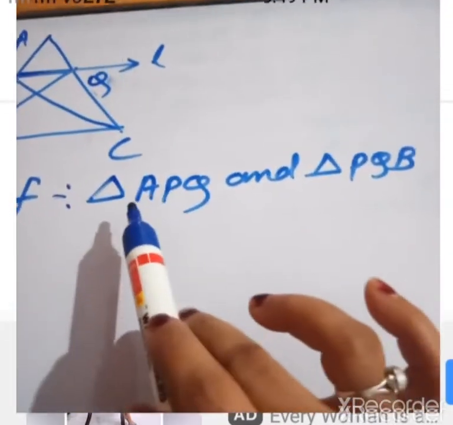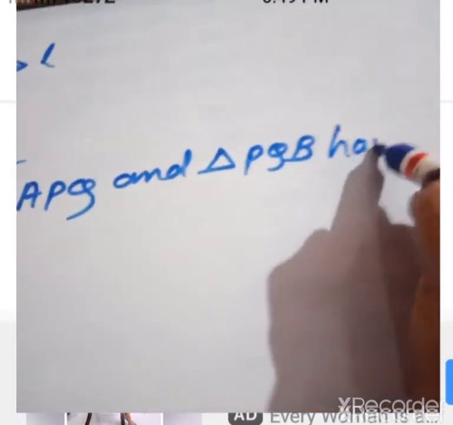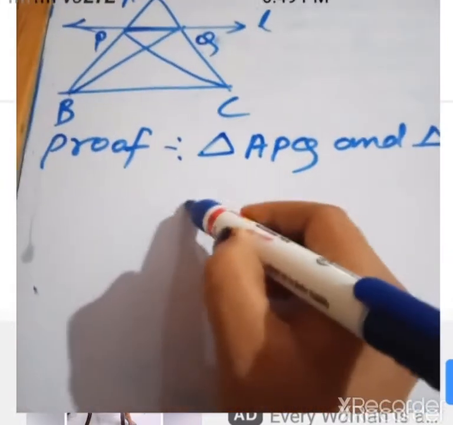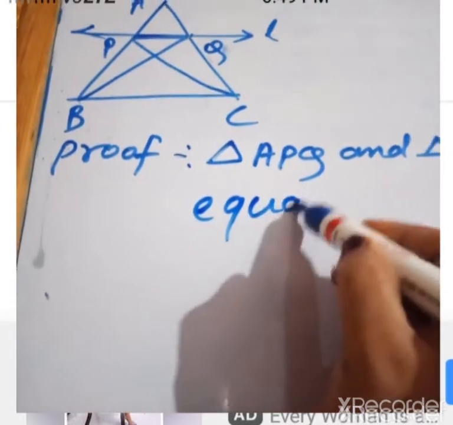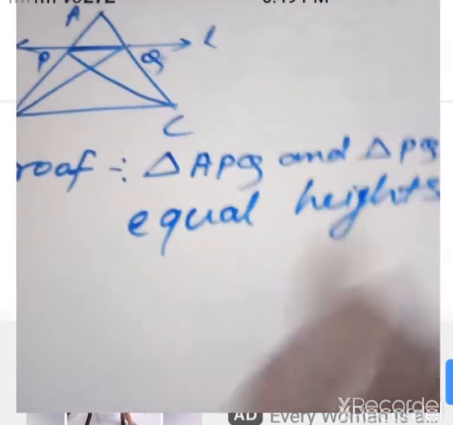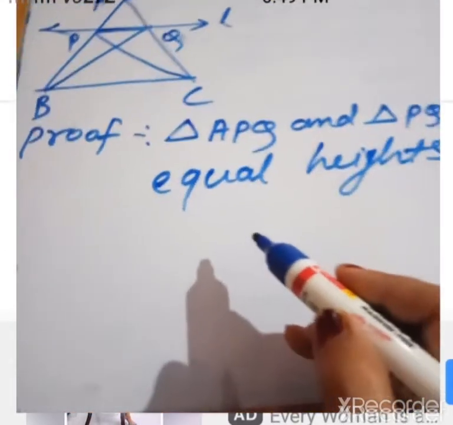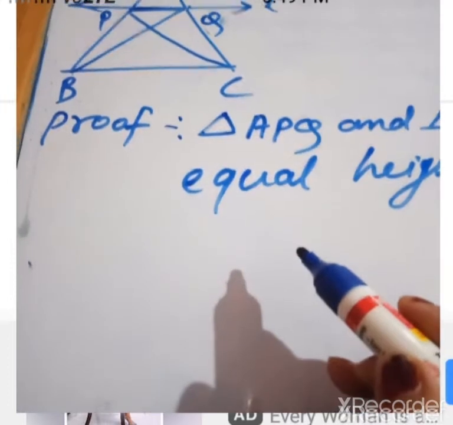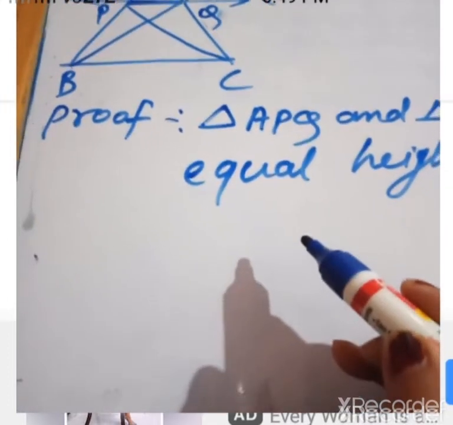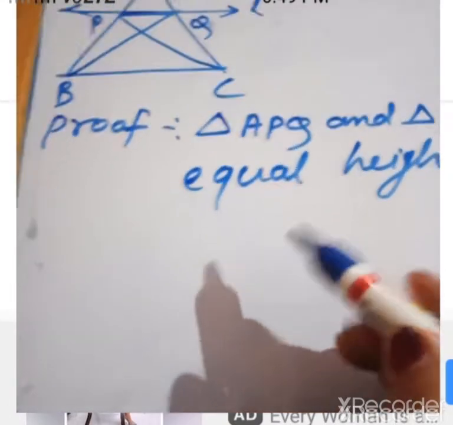Therefore, triangle APQ and triangle PQB have equal heights. If the heights of both triangles are equal, then the ratio of the areas of these two triangles is in proportion to their bases.